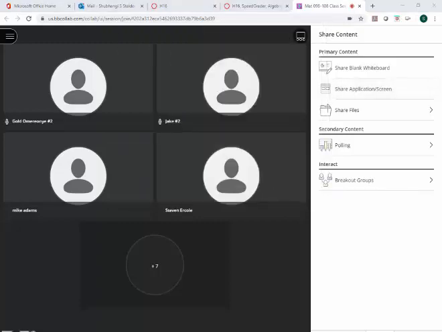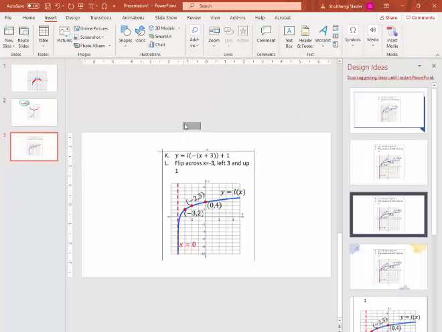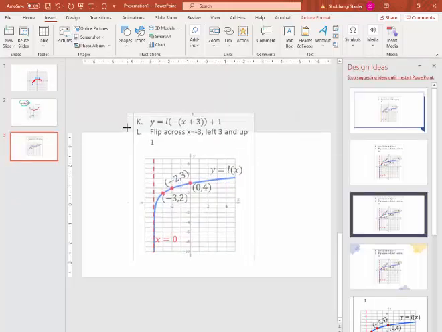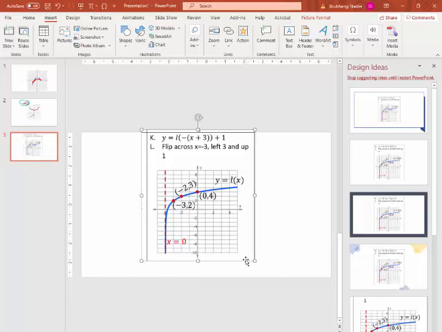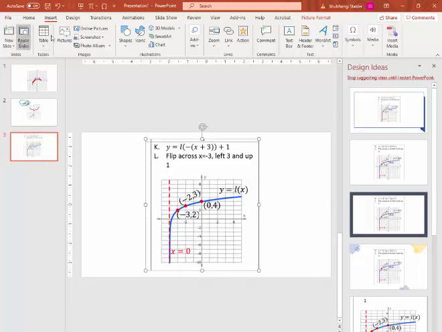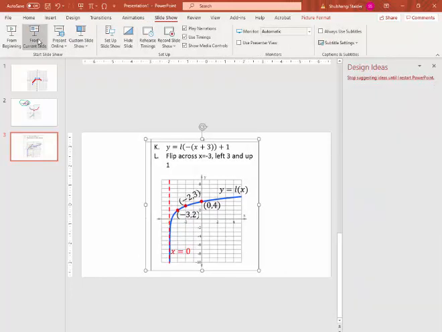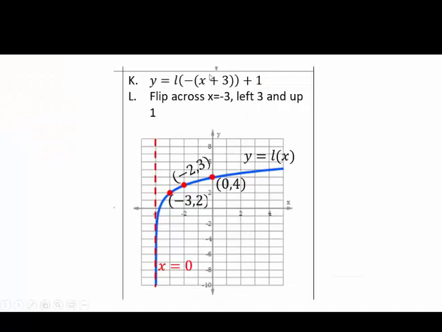All right, tell me when you see the... I see it. Do you see it? Yeah. All right. Slideshow.